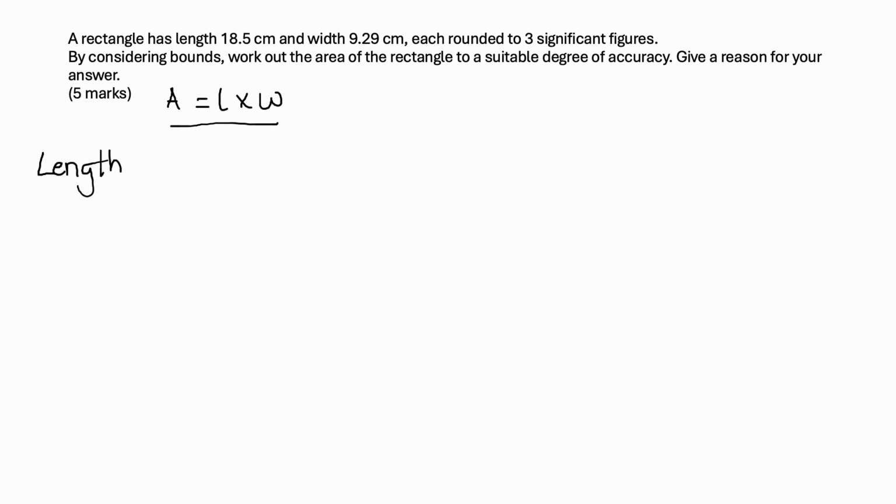We are told that the length is 18.8 centimeters, and they've all been rounded to 3 significant figures, meaning that our lower bound is going to be 18.75, and our upper bound is going to be 18.85.